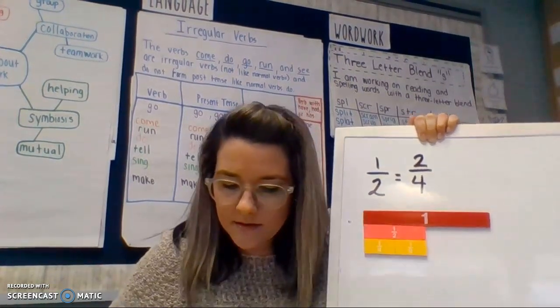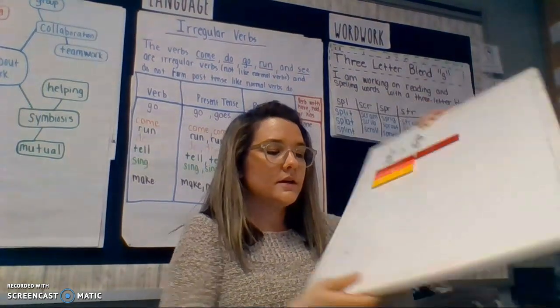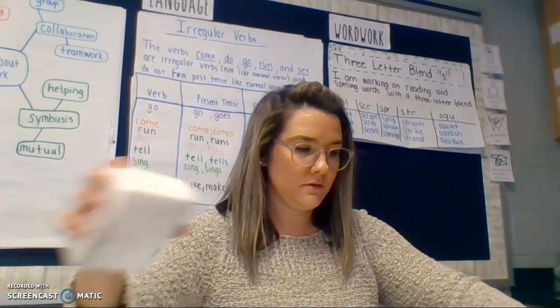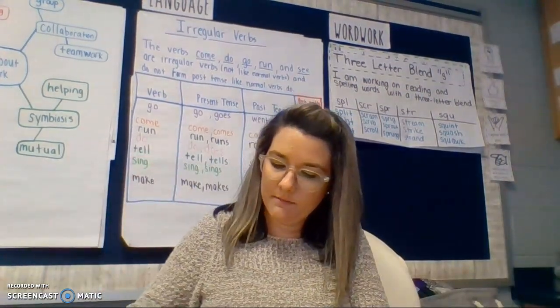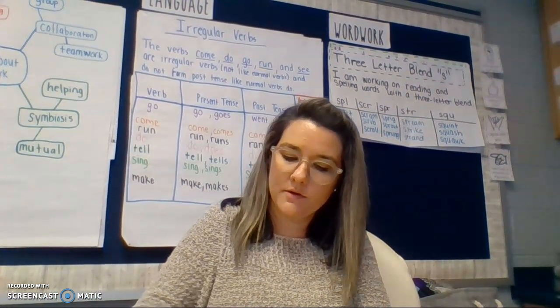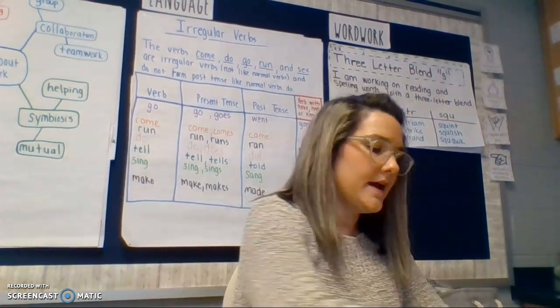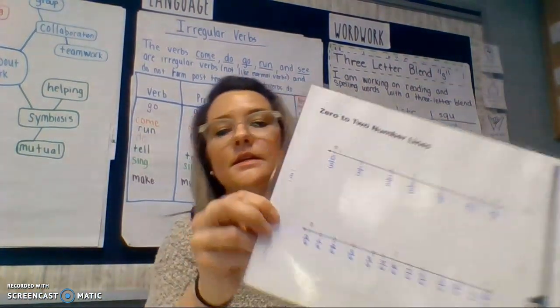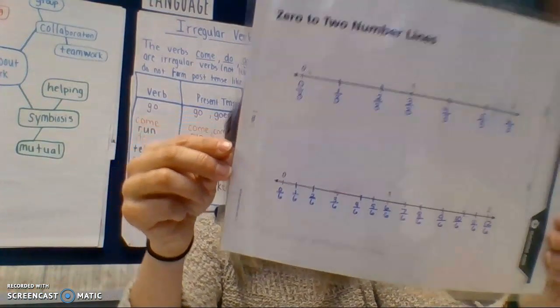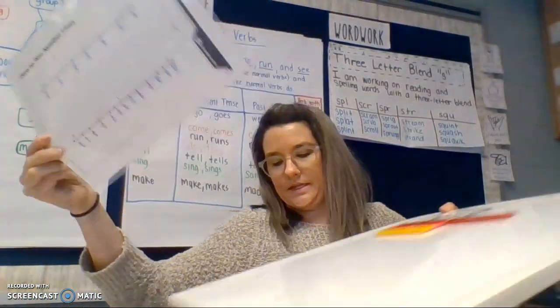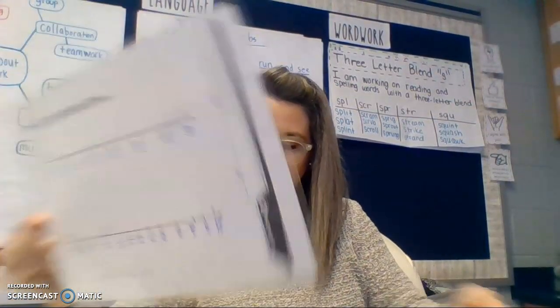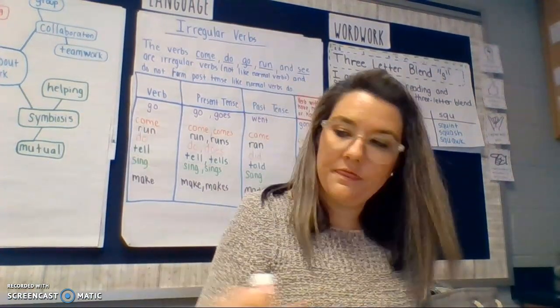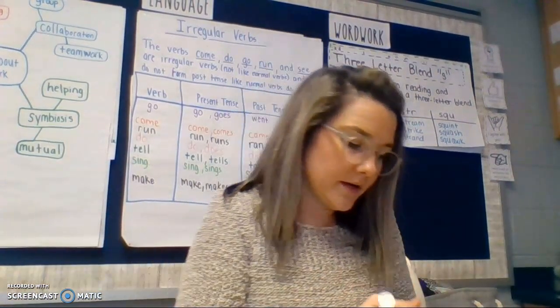Okay. Now, let's look at one more example. I'm going to go back to my number lines, and this time I'm going to look at my thirds and sixths. Okay, move this out of the way. I want you to look at 1/3. So this time I'll use a different color just in case.